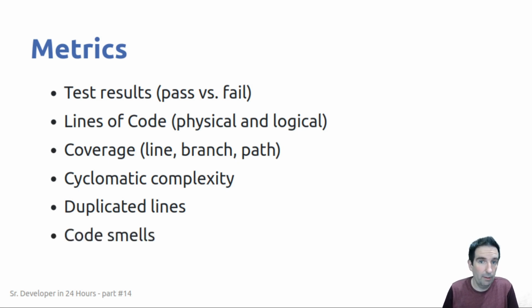Code smells: some static analysis tools are going to give us a rundown of what kinds of smells we have and the severity of them. And some of these static analysis tools are even going to try to calculate the technical debt of those code smells. Basically, how long is it going to take us as developers to fix all of those smells that we have identified in our code base?